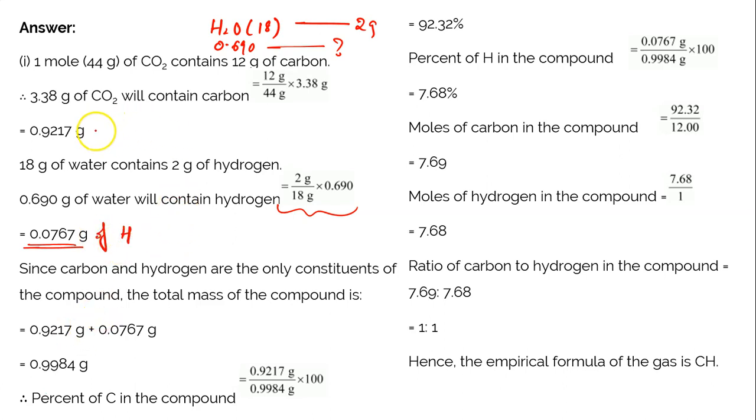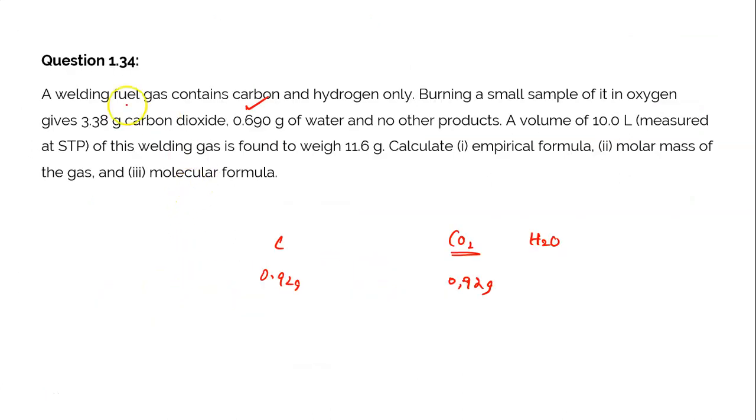So now you have figured out the mass of carbon and the mass of hydrogen. Now what about the mass of your reactant? Carbon and hydrogen are the only constituents of your compound. And who told us this? They have been saying the same in the question. The question says that the welding gas contains only carbon and hydrogen, right?